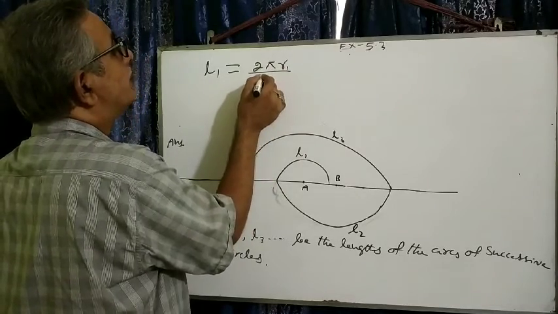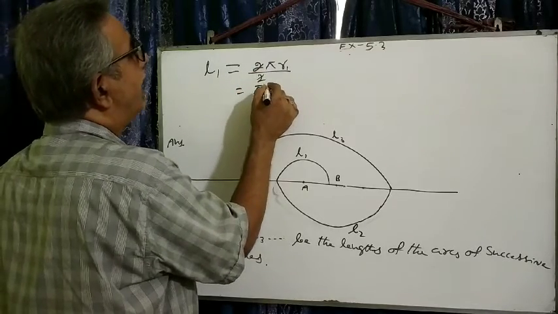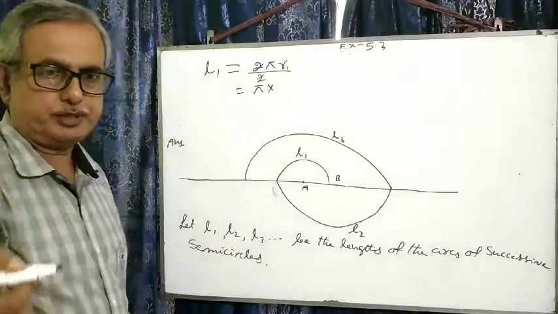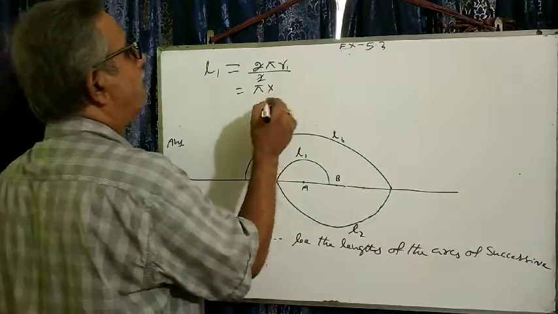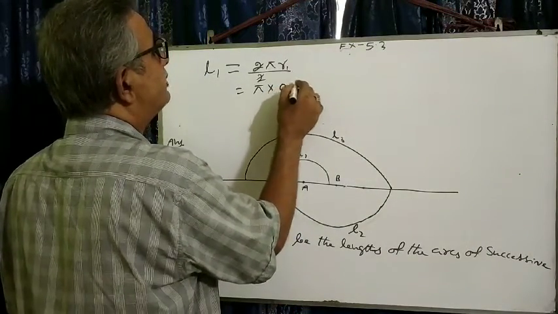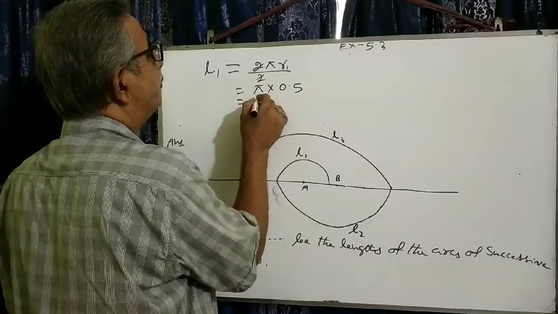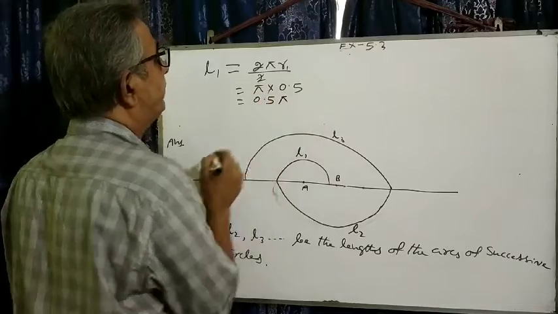The 2 cancels, leaving pi r1. R1 is 0.5 centimeter, the first radius. So you are getting L1 equal to 0.5 pi.